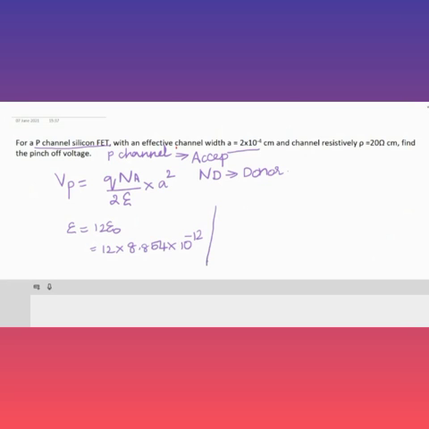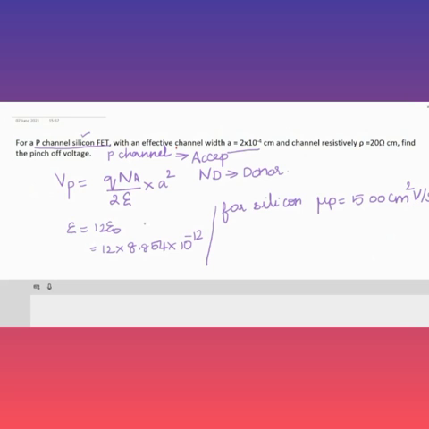Another thing is QNA is given, right? For finding the QNA, since they have given here clearly that it is a silicon, for silicon you have to write this: my mu p value will be equal to 500 centimeter square.